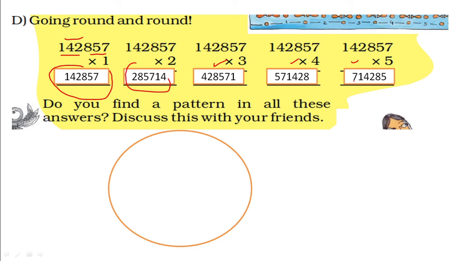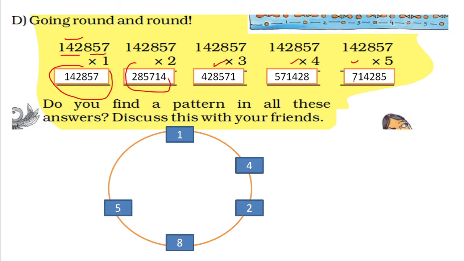So any pattern? Let us see. Let us put these digits in a circle. 1 4 2 8 5 7. Now can you see the pattern in the answer? Okay, so the first answer is 1 4 2 8 5 7, moving clockwise.